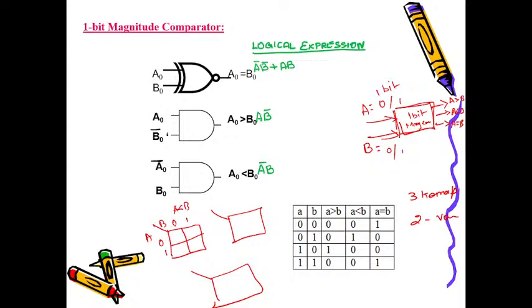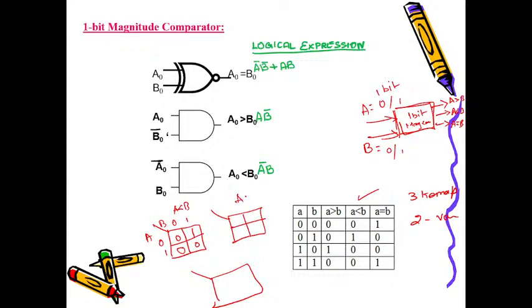When both are 0, it is 0. So for this I am plotting the K map. A less than B: when both are 0, it is 0. When A is 0, B is 1, it is 1, because B is greater, right? When A is 1 and B is 0, it is 0. And when both are 1, it is 0.